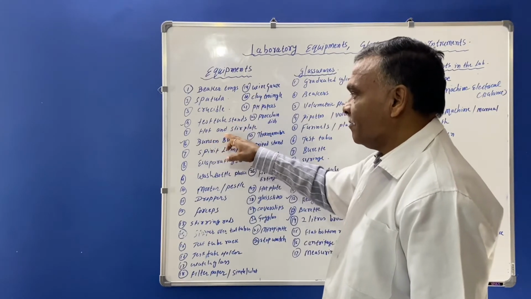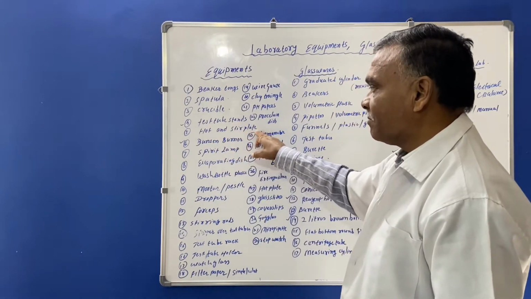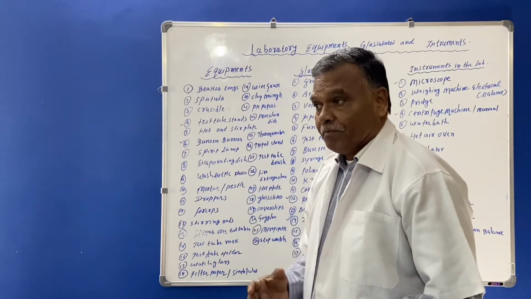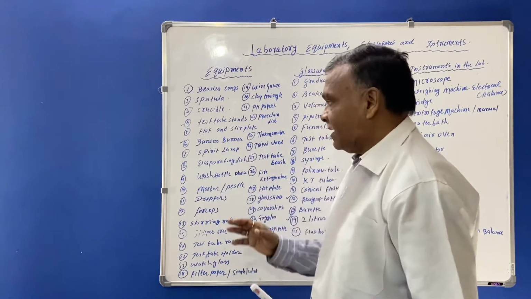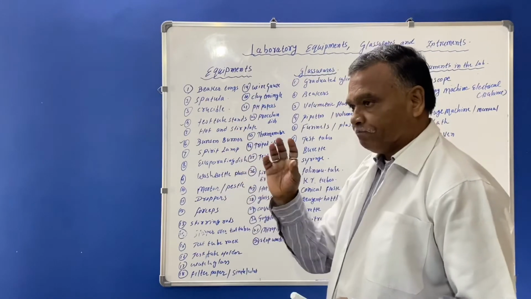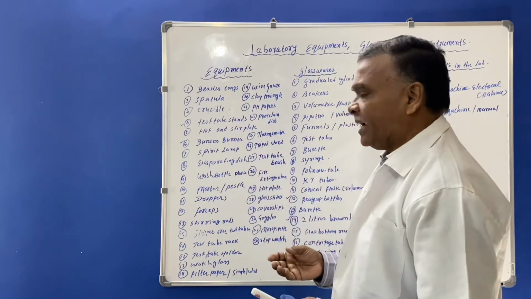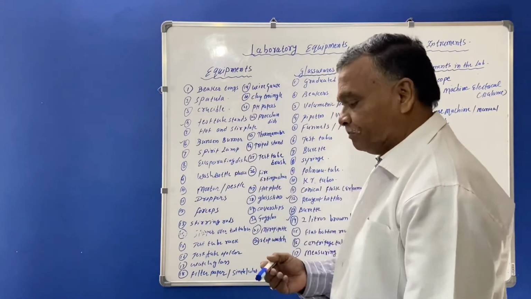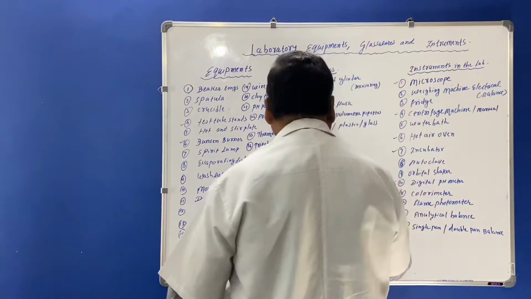Then hot and stir plates should be there. Hot and stir plates are kept in the laboratory to heat the solution by keeping it in the beaker. Then the Bunsen burner is the main device for boiling the test tube.